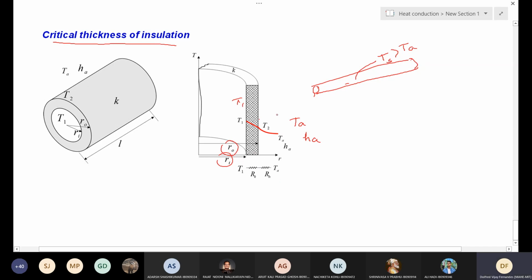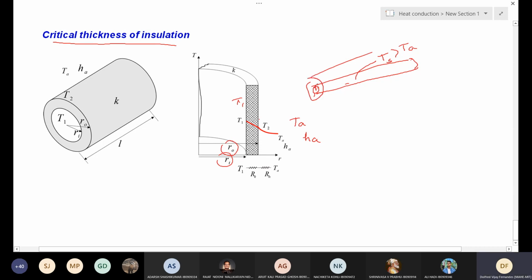The surface temperature, because it is in contact with the solid wire inside, is the same as the wire's surface temperature. So this is the wire and there is an insulation around it.